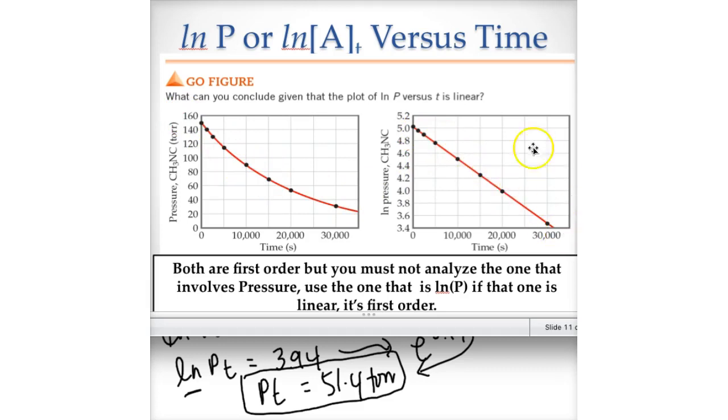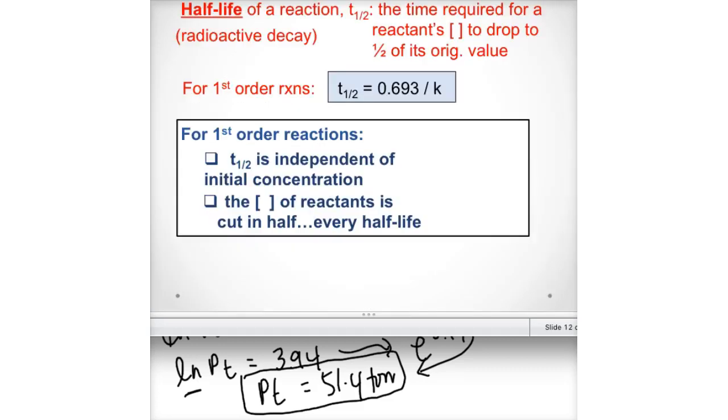And if it's linear, that proves that it's first order. If it's still not linear and it's not a negative slope, then you know that it's probably not first order. So it disproves the claim that it is first order.